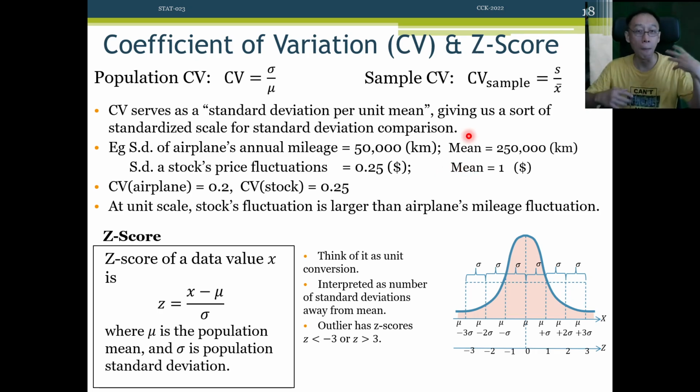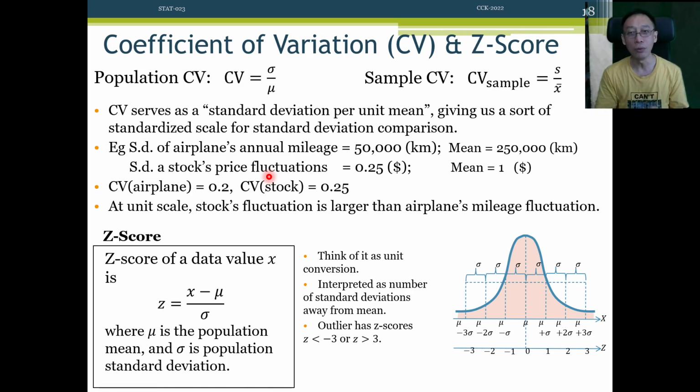Because if you compare the SD of mileage with the SD of price, it's kilometers versus dollars. It's like apples and oranges. How do you compare? But with CV, it's unitless. So mathematically, it's nice. You can really compare.